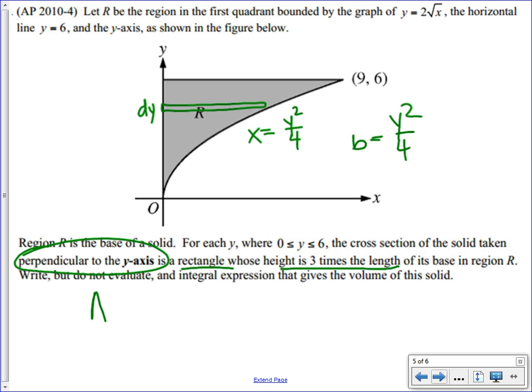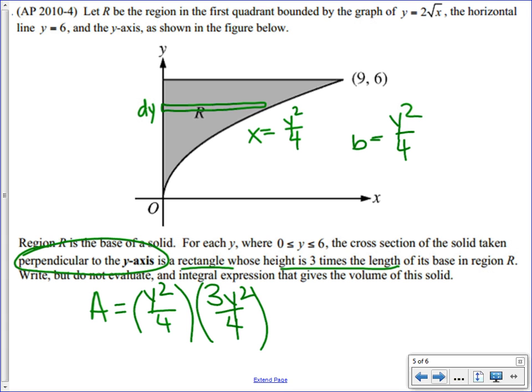So our area would be base times height. What's our height? 3 times our base. Which is just 3 times the base squared.